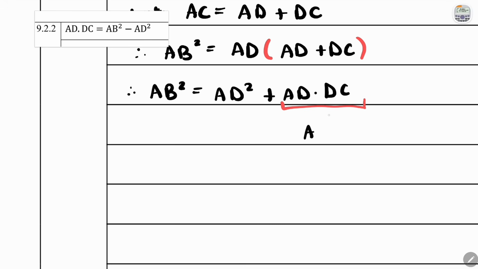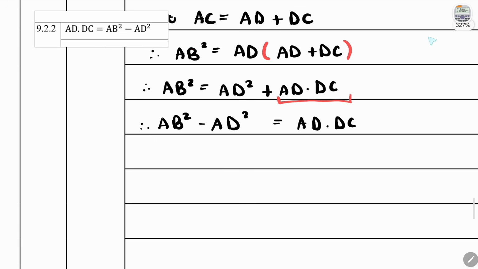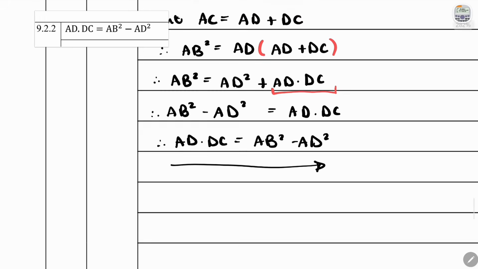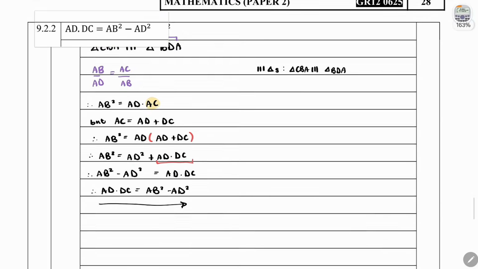AD times DC is equal to, and transpose the AD squared, so we have AB squared minus AD squared. And there we go, that's what they have. Writing it like that, putting this on the left and this on the right, that is our answer. And that is how we prove that.